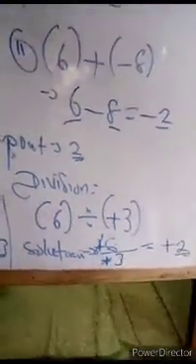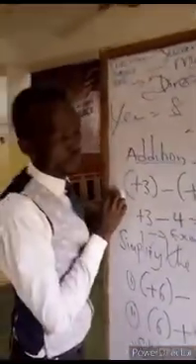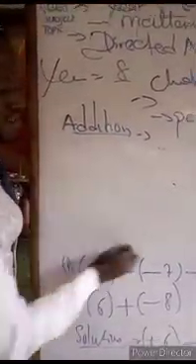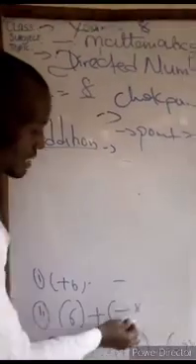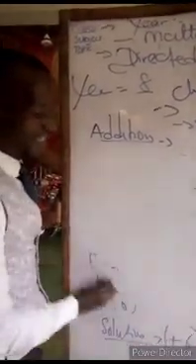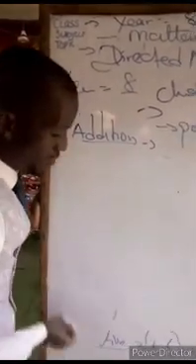Now we also have the multiplication aspect of it. But before we go into that, I would love to give you this as your take home. Next class, I'm going to dwell more on this very topic. I'm not going to sweep anything under the carpet.